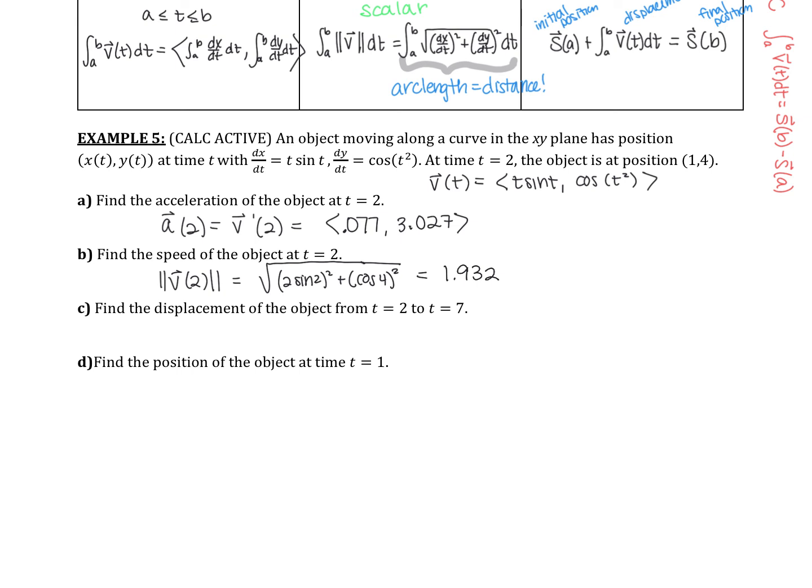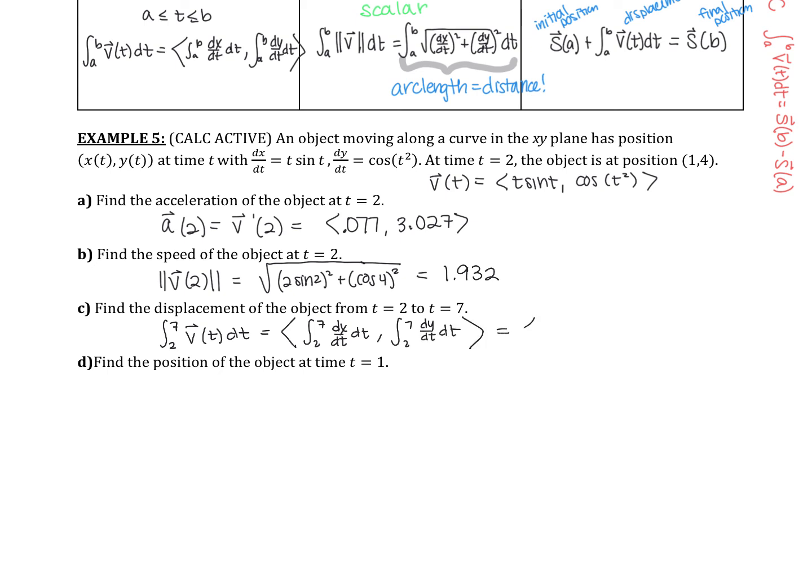All right, let's find the displacement of the object from t equals 2 to t equals 7. And we know that the displacement is the integral of the velocity vector from 2 to 7 dt, which means it's the integral from 2 to 7 of dx/dt and the integral from 2 to 7 of dy/dt, the integral of the components.